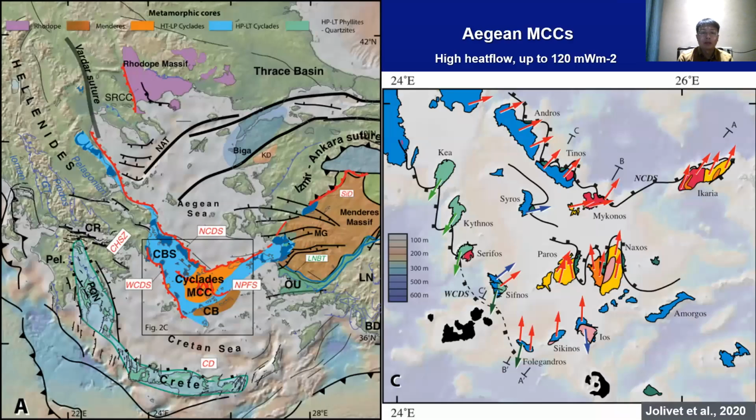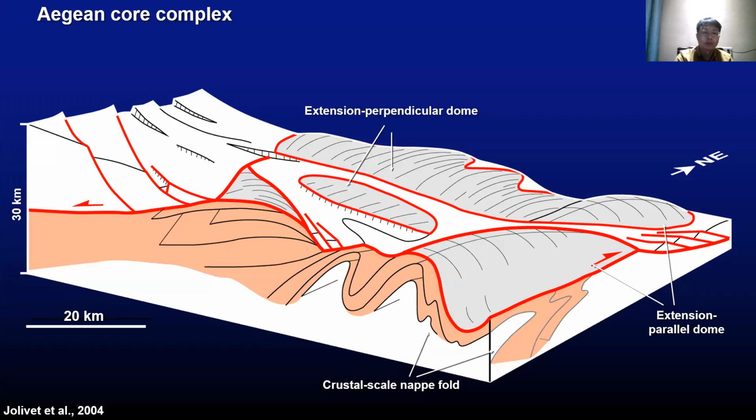Another very famous area that's showing the metamorphic core complex is the Aegean area. This area is also a back-arc basin. It has a high heat flow up to 120 milliwatts per square meter. The Aegean core complex shows characteristic extension-perpendicular domes, extension-parallel domes, and below the detachment fault is the crustal-scale nappe fold.